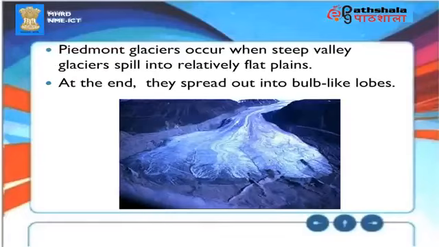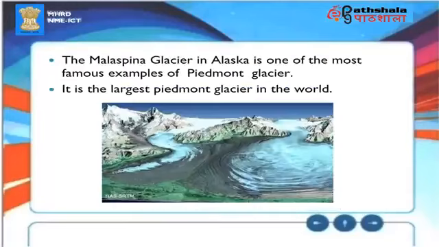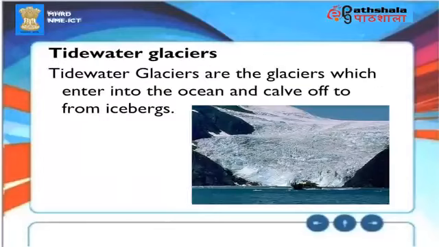Piedmont Glaciers occur when steep valley glaciers spill into relatively flat plains. At the end, they spread out into bulb-like lobes. The Malaspina Glacier in Alaska is one of the most famous examples of Piedmont Glacier. It is the largest Piedmont glacier in the world.